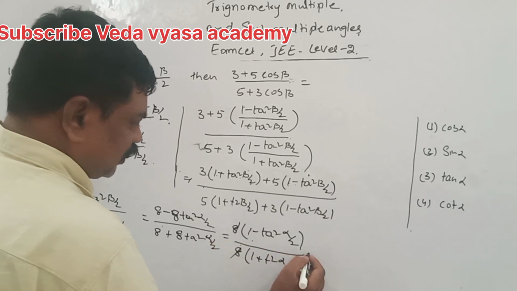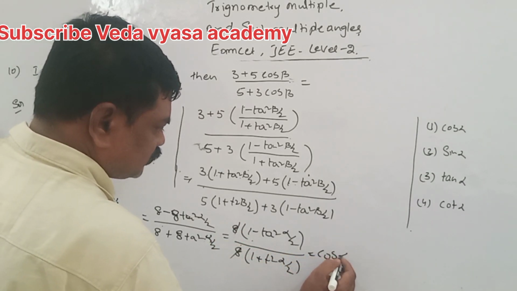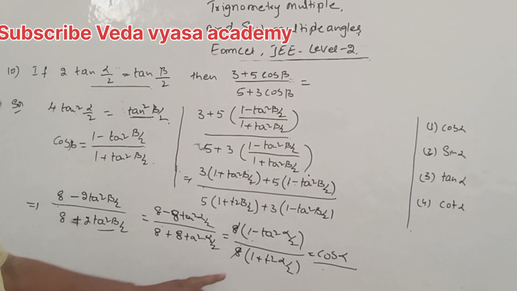So 8 cancels, and this is equal to cos α. This value is what? cos α.